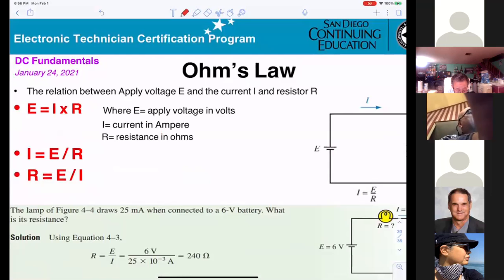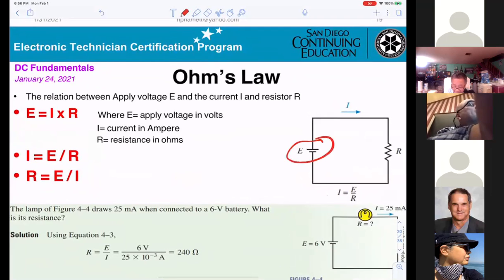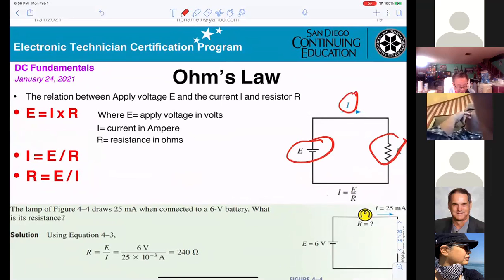And now we go to the Ohm law. Okay, now you get the voltage here, you get a resistance, and you get a current flow. The relation between the voltage and the resistor and the current, that's what we're using Ohm law.